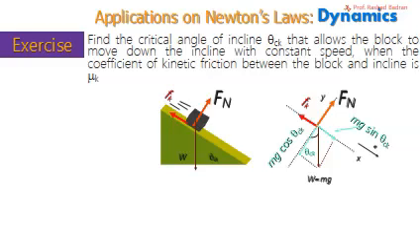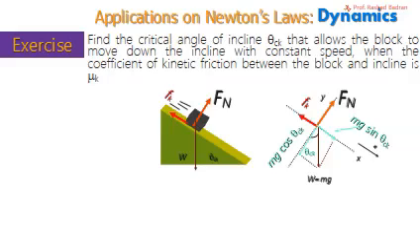normal force. So again, what is required here is to find the critical angle theta sub ck, and this angle is the angle that allows the block to move down the incline with a constant speed or constant velocity.